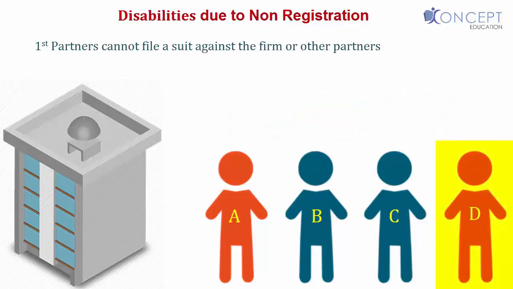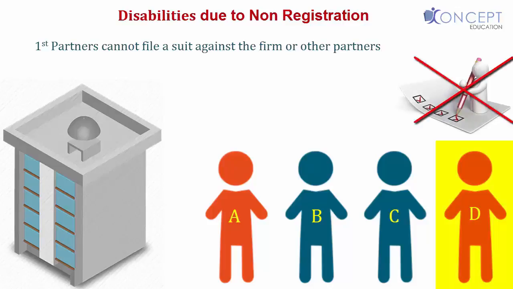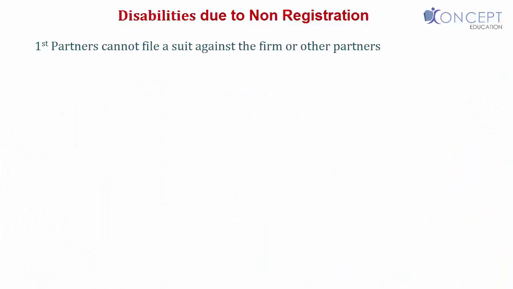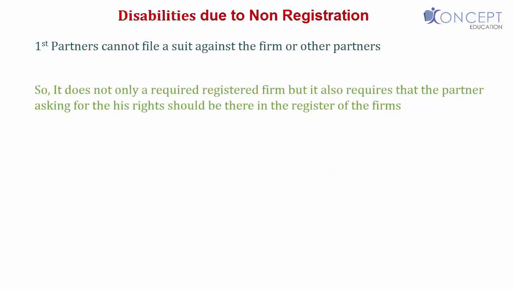Even though D is a partner, his name is not appearing in the register of firms. Why? Because the intimation was not given to the registrar of the firms that, hey, we have added D as a new partner. So, it does not only require a registered firm, but it also requires that the partner asking for his rights should be there in the register of the firms.